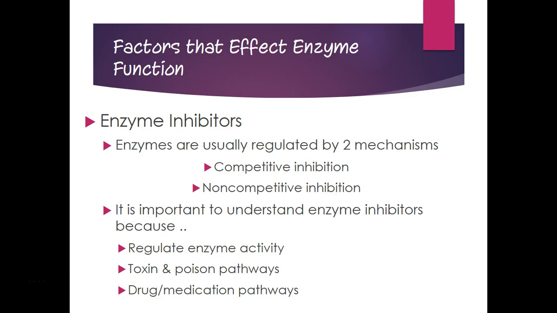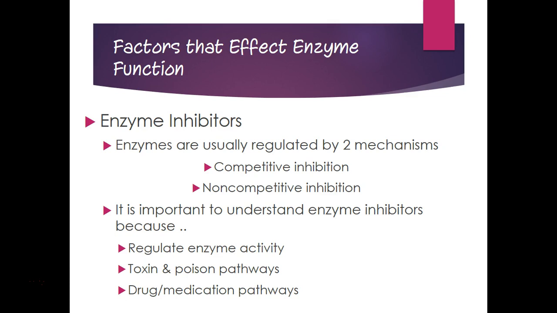So we can regulate your enzymes using inhibitors. Alright, and that's one important way to understand how these work. Also, inhibitors end up getting involved when we talk about toxic substances. They'll sort of mimic that substrate and get in the way of that binding of that substrate, which is what ultimately makes you sick.